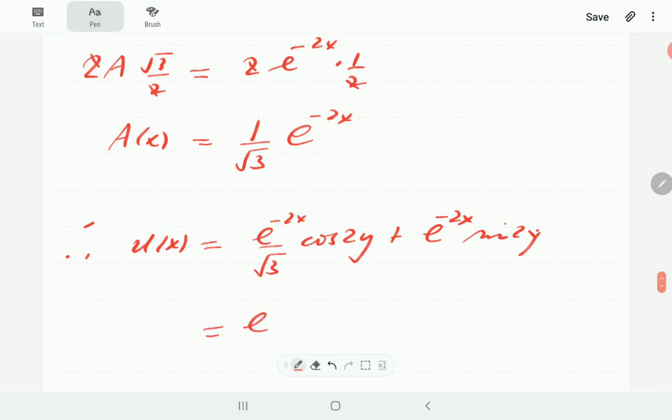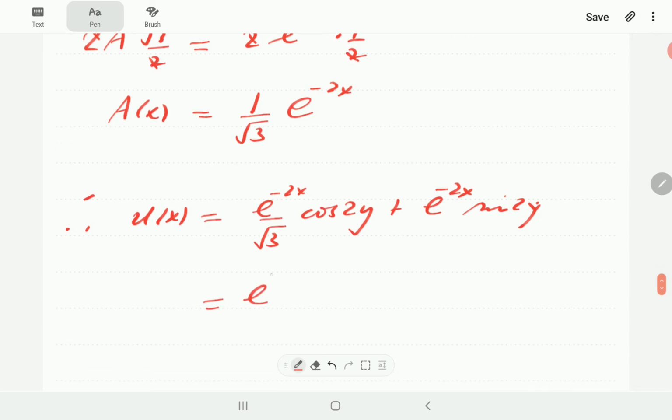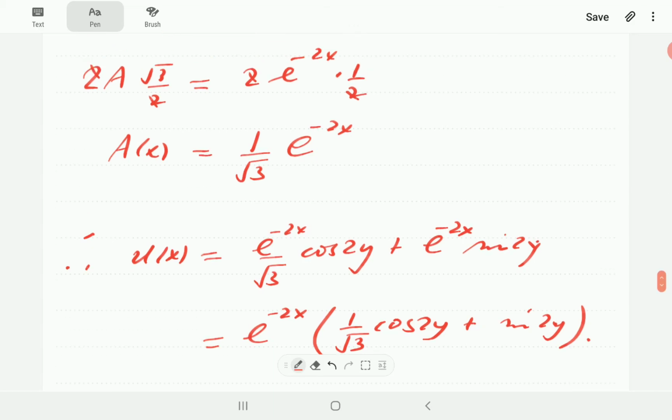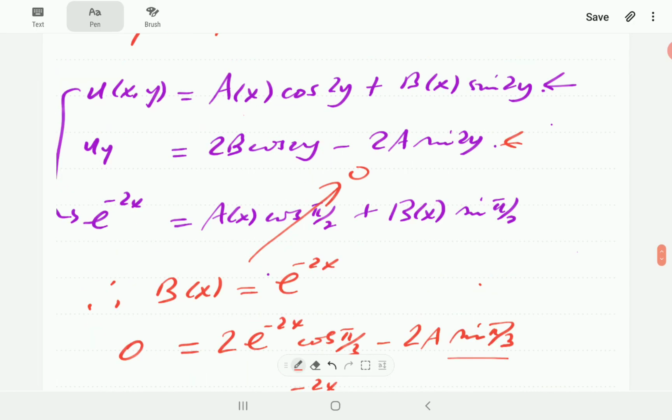So if you factor out e to the minus 2x, then this is 1 on root 3 cosine 2y plus sine 2y. Alright, so that sorts that one out.